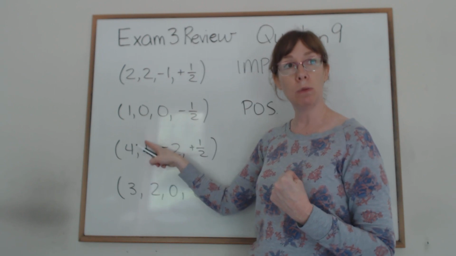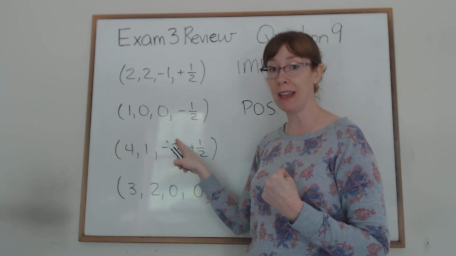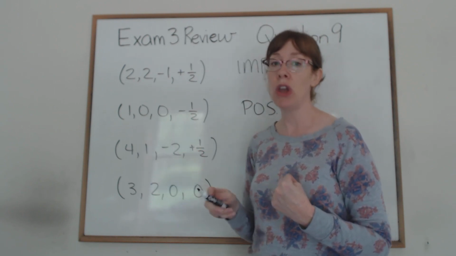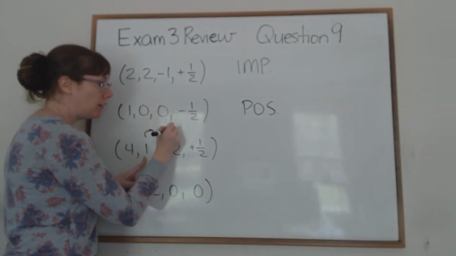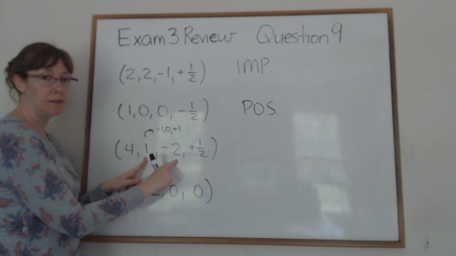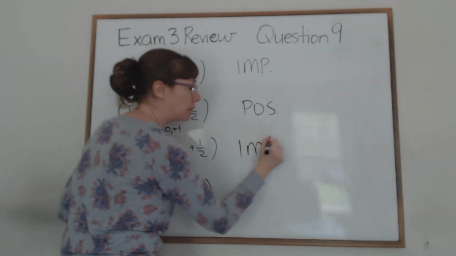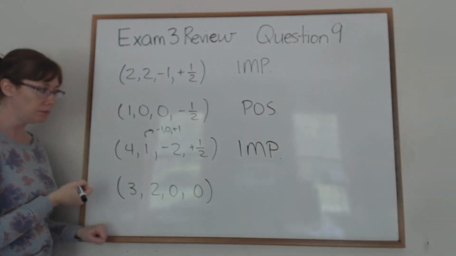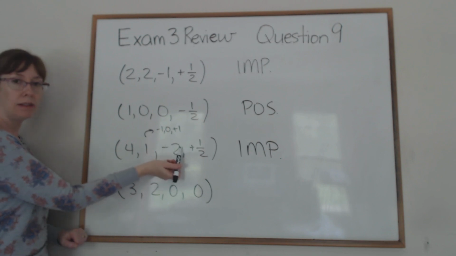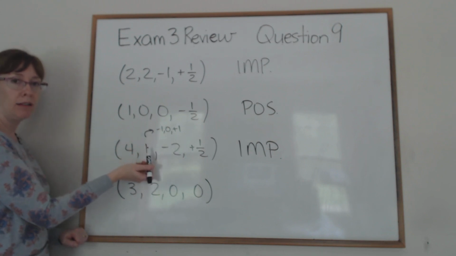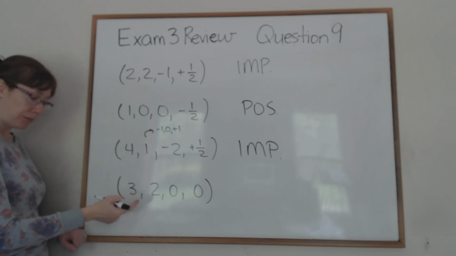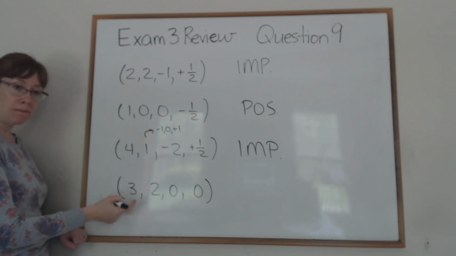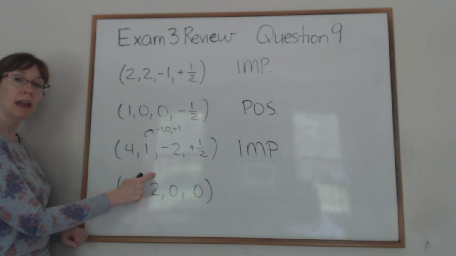Now, when l equals 1, can ml equal negative 2? No. When l is 1, ml can only be negative 1, 0, or positive 1, not negative 2. So this one is impossible. Understand that the ml value is dependent on l, just like l is dependent on n. This last one, n equals 3, that's fine. If n equals 3, can l equal 2?